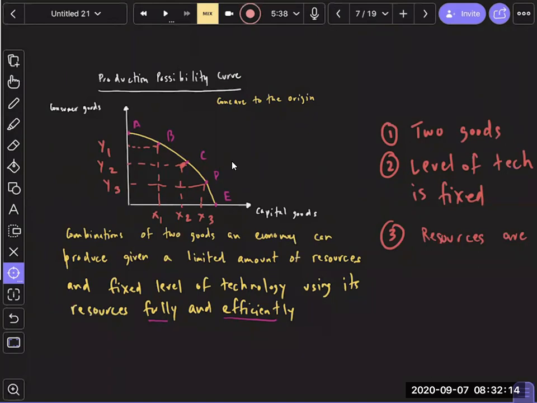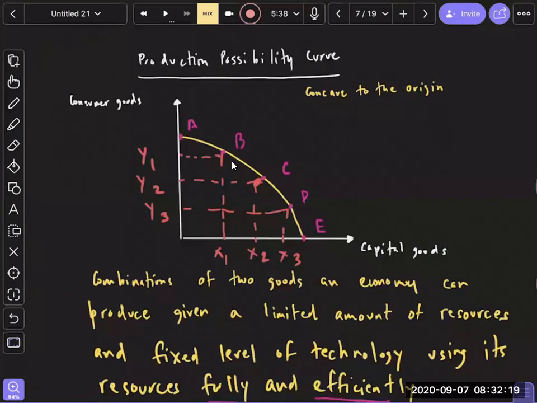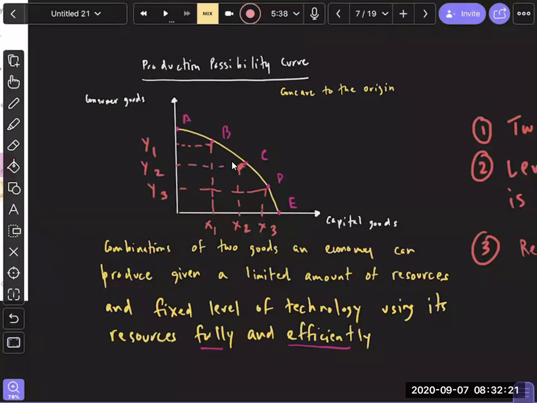So then comes the next idea. When an economy, and this is not for individuals, by the way, PPC is not for firms, PPC is only for the economy. When an economy is producing using its resources fully and efficiently, then it will be on the curve.